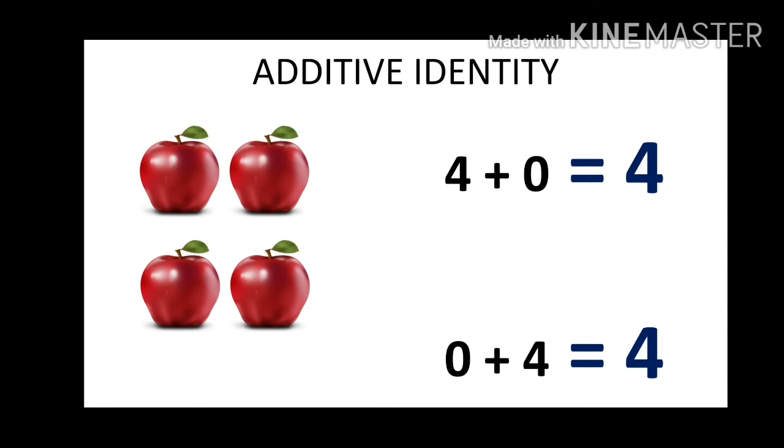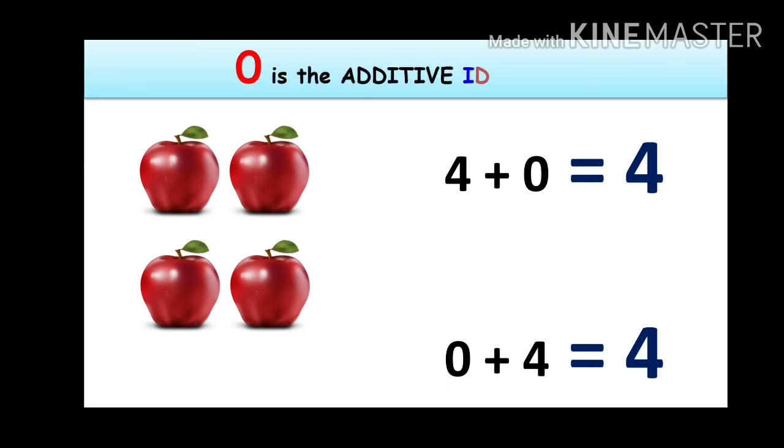So in both the cases, the 4 apples remain as they are. So 0 is called the additive identity, because when we add 0 to any number, it remains the same. 4 remains 4 only. So when 0 is added to a number, or a number is added to 0, the number doesn't change. So 0 is called the additive identity.